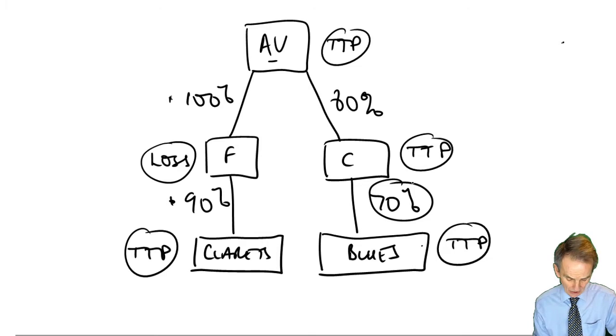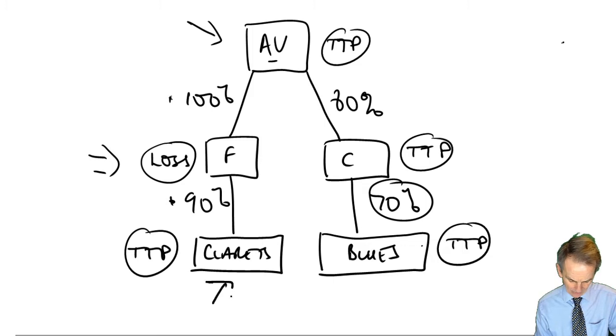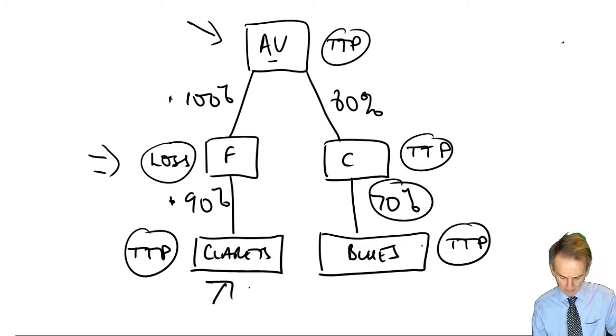So with the context here of F has sustained a loss, any part of that loss could go against any part of the claimant company's profits, and those claimant companies could be AV, the parent company, Clarence, F's own subsidiary company, and its co-subsidiary of AV, company C there.